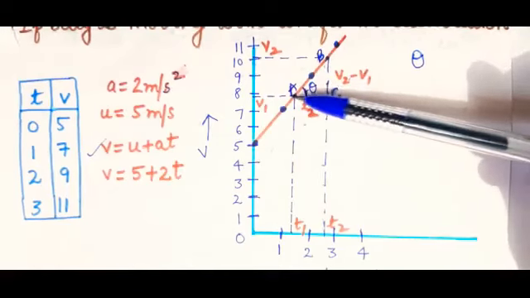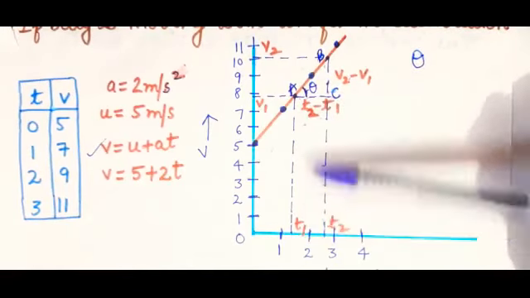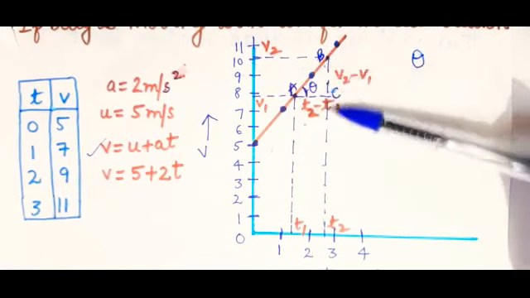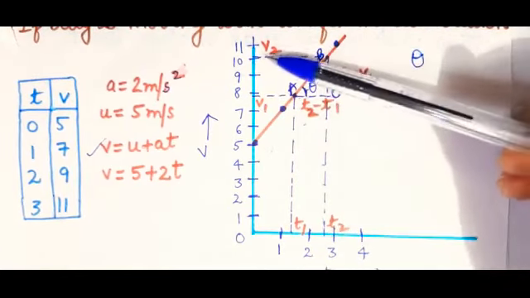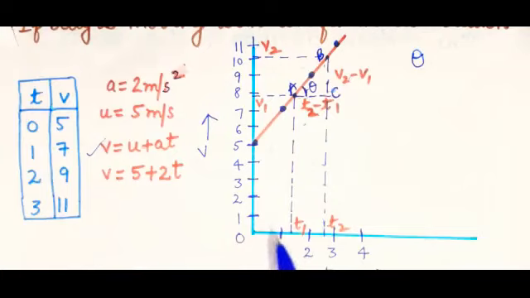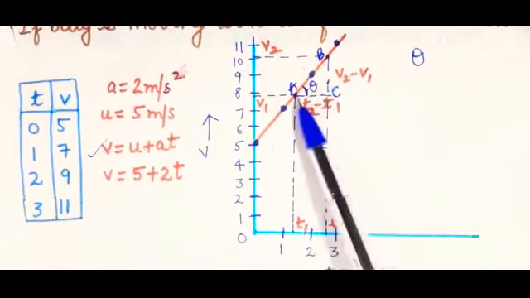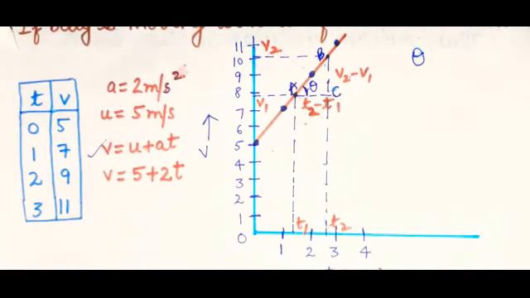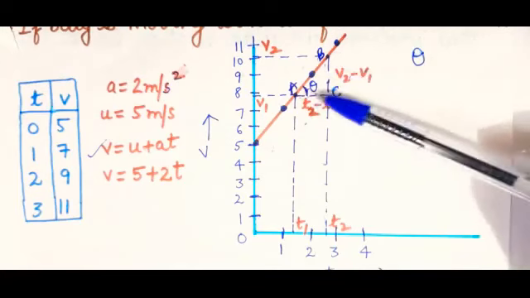So from A, I have drawn this perpendicular to time, to this V. From B, again perpendicular T2 and V2. Now join this line A and C. After drawing perpendiculars from point A and point B on the time axis and velocity axis respectively, you will join AC. Now you will obtain a right angle triangle ABC.